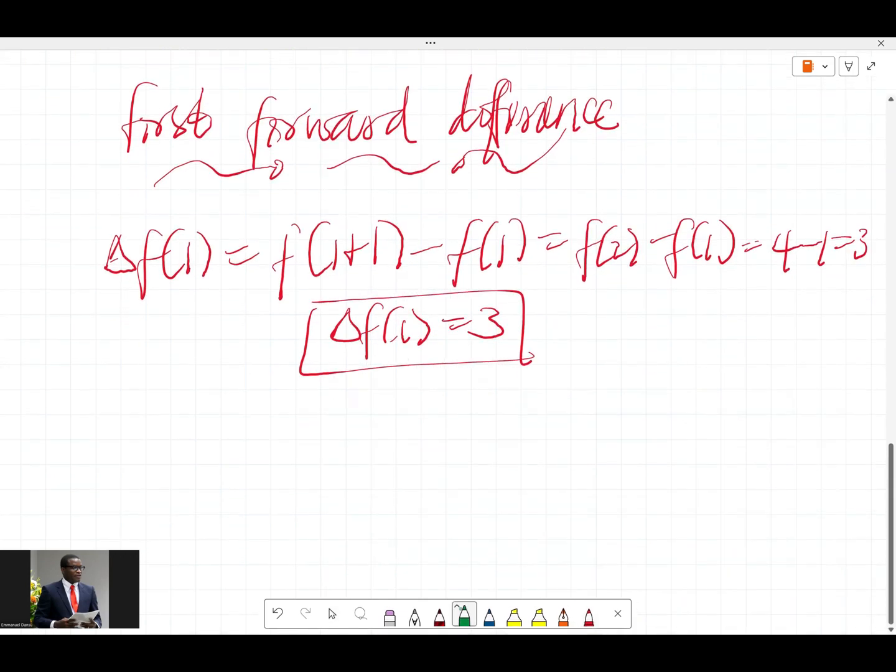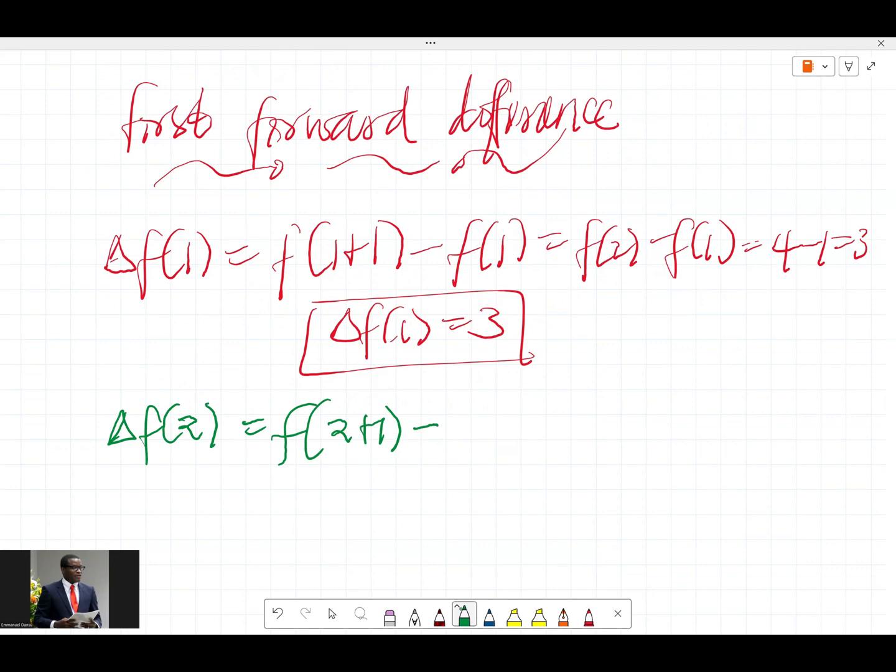Then the second first forward difference will be delta f of 2. That is f of 2 plus 1, of course, minus f of 2 itself. It means that x is like our 2 here.